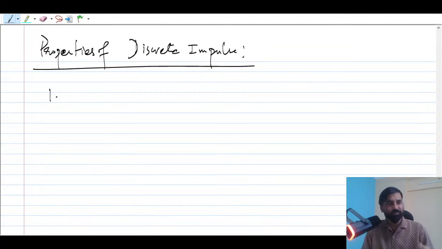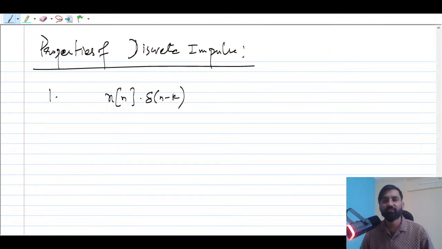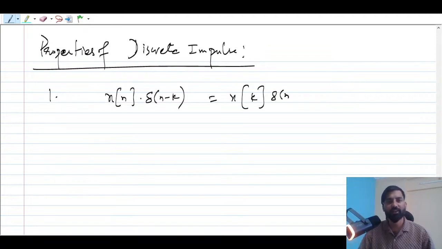So suppose we talk about the product property. If you take x of n and multiply with delta of n minus k, the shifted version of the impulse, what will be there? Same as the way you have discussed over there. Now you have to replace this n by k, and delta of n minus k stays the same. This is the product property.